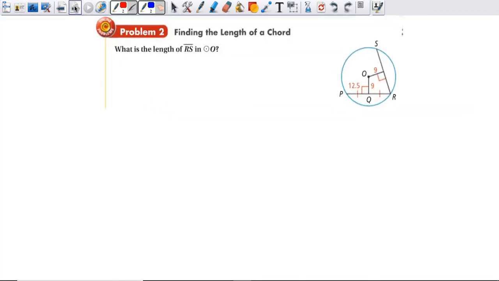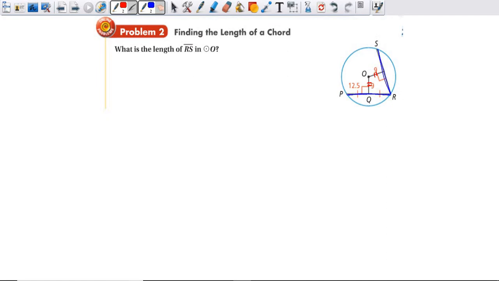All right, so let's work on this example. What is the length of RS in circle O? So I know these are both marked as 9. So those are actually congruent, which means these chords right here are equidistant from the center, so they should also be congruent.